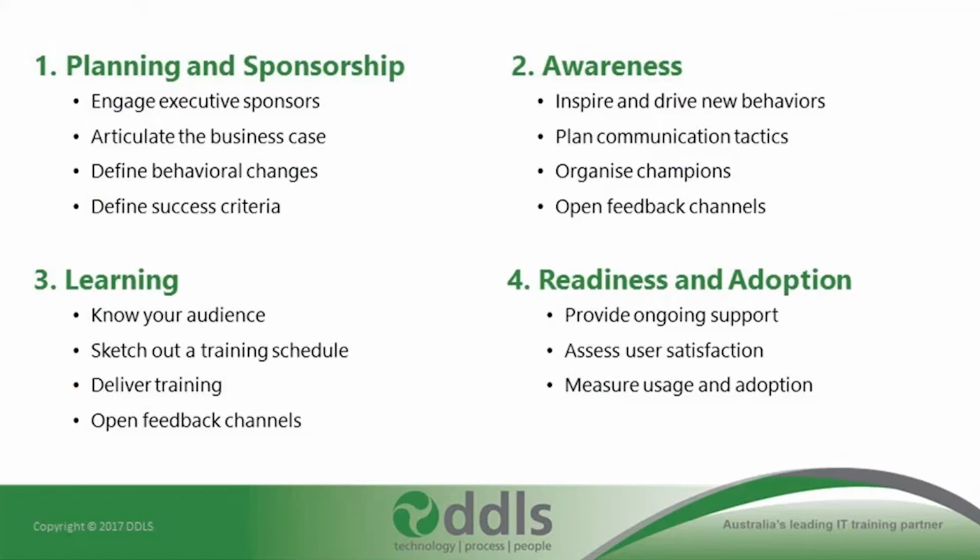This summary on this slide shows the 4 stages used with an Office 365 rollout in an organization incorporating change management. Firstly, the planning and sponsorship stage. That starts with engaging sponsors, really defining the behavioral changes that are required and the criteria for a successful migration. Stage 2 is the awareness stage.